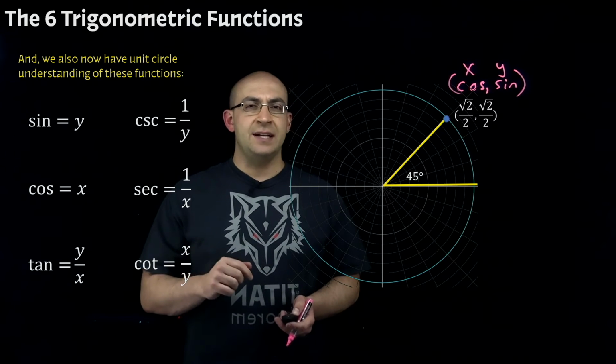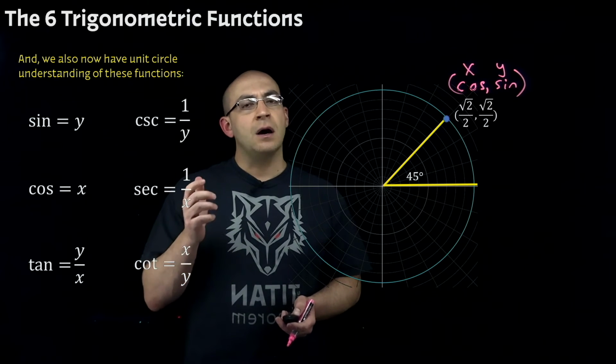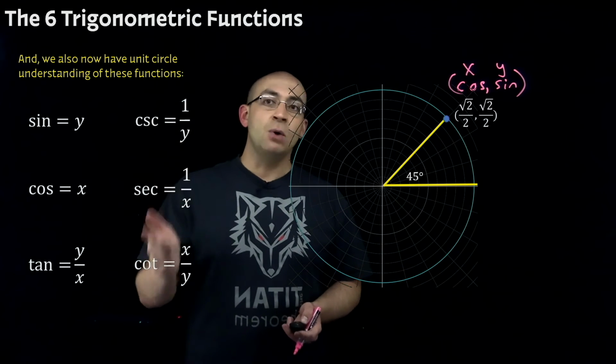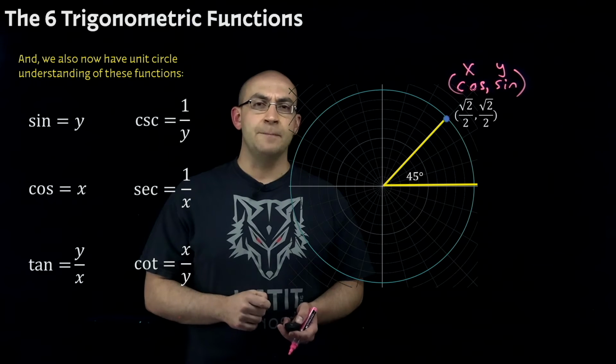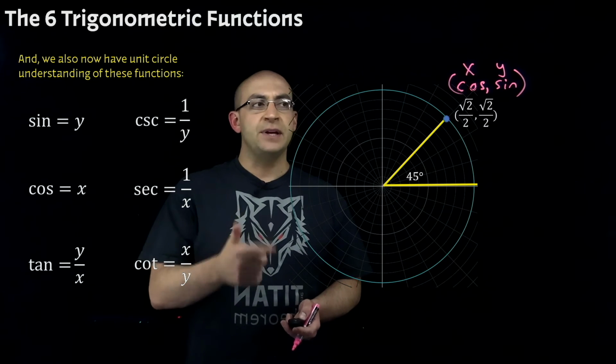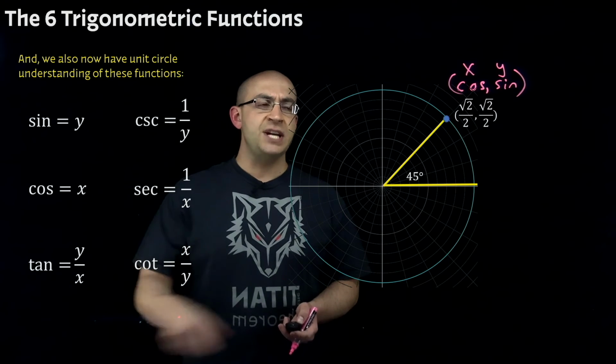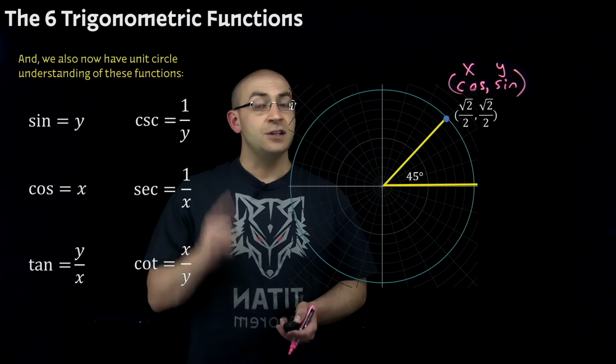If you were to put tangent in the calculator, because remember, our calculators, both scientific and graphing, have a tangent button. They don't have these new 3 function buttons, and that's okay, because we can just manipulate them based on what they show us on the ratio. But if you were to put tangent of 45 in your calculator, you better get 1.